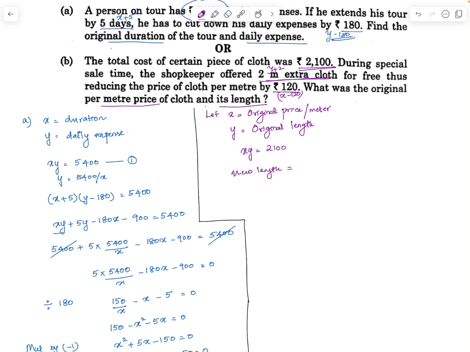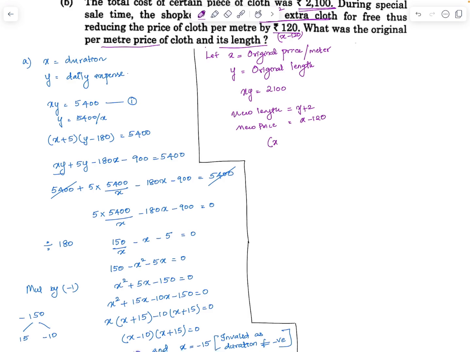New length is y plus 2. New price is x minus 120. The product of these two is equal to 2,100. On expanding the left hand side, we get xy minus 120y plus 2x minus 240 is equal to 2100.